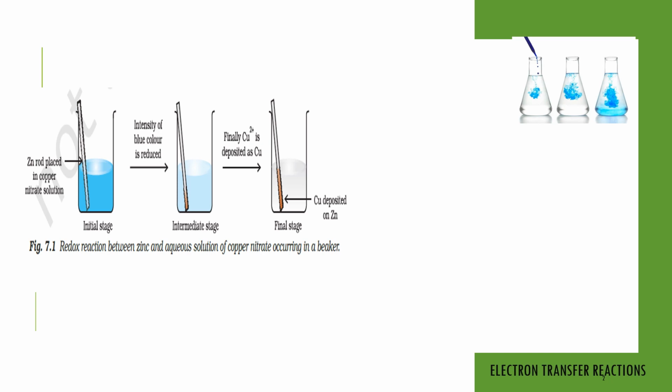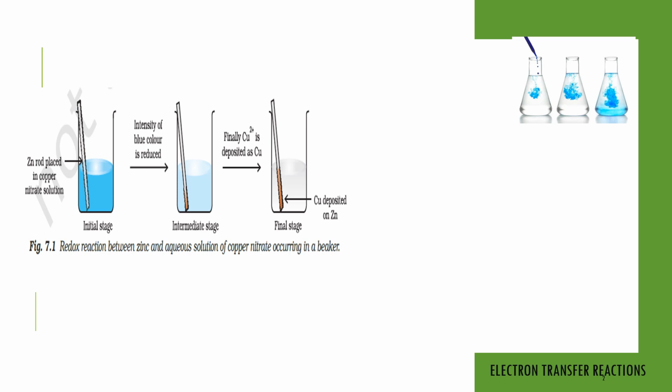Okay, so when you pass H2S gas in this solution, due to these zinc ions there is a formation of zinc sulfide. That means there is a replacement reaction, that is H2 is replaced by zinc, that's why it becomes zinc sulfide.